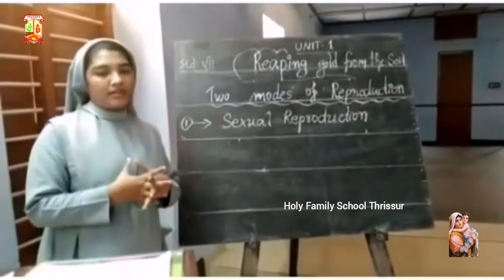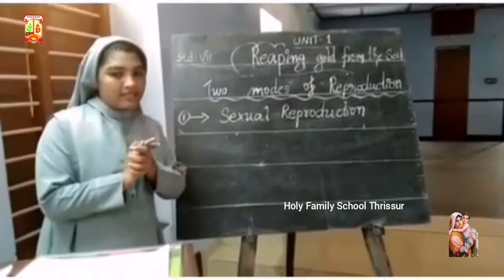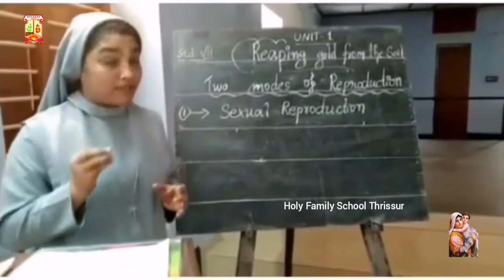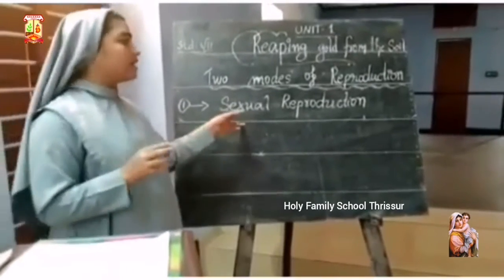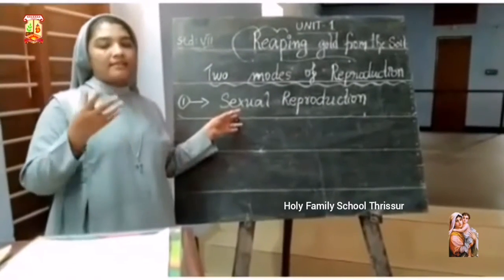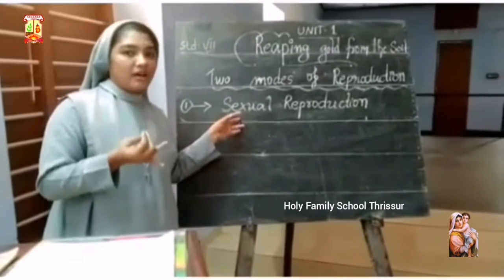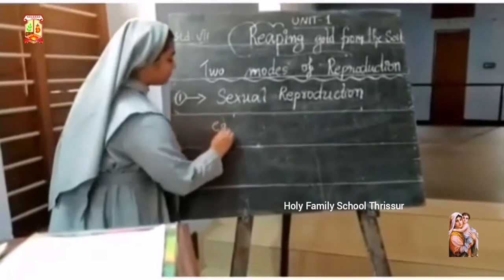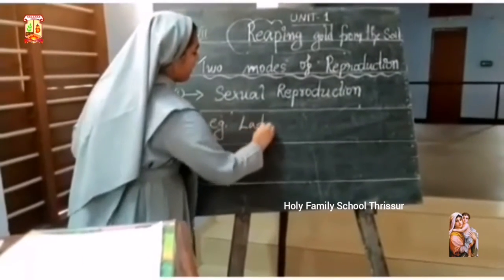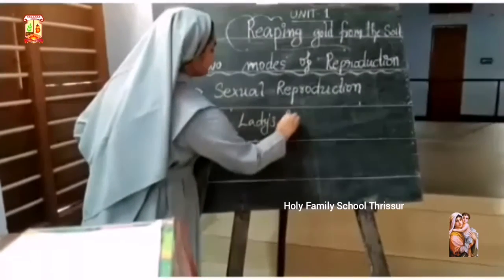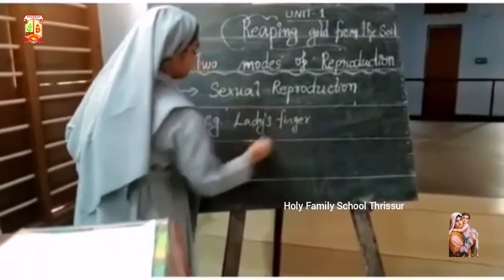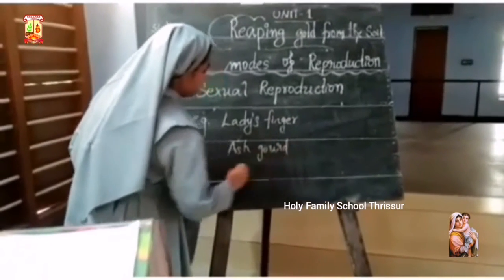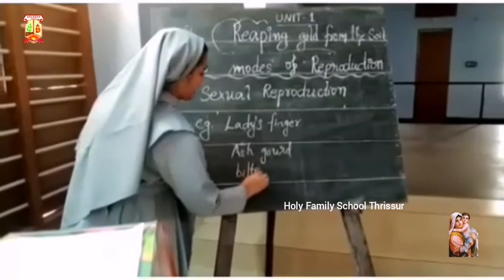What is sexual reproduction? Sexual reproduction is the mode in which the saplings are produced from the seeds. Examples are lady's finger, ash gourd, and bitter gourd.